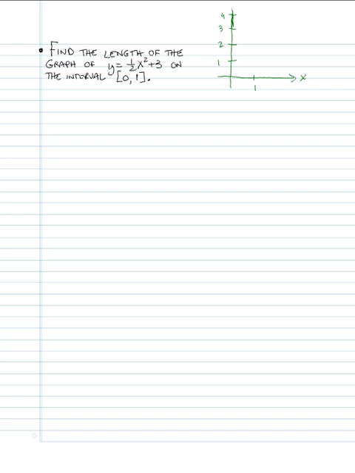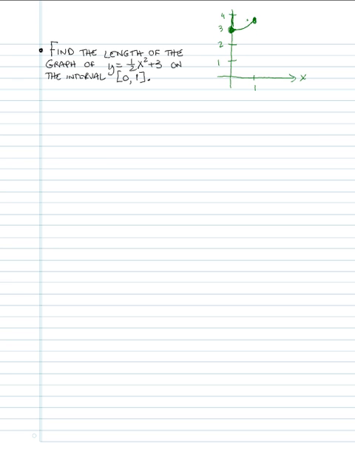When x is 0, y would be 3, so that would be this point right here. But when x is 1, y would be 1/2 plus 3, or 3.5. I'm going to move it up a little bit.